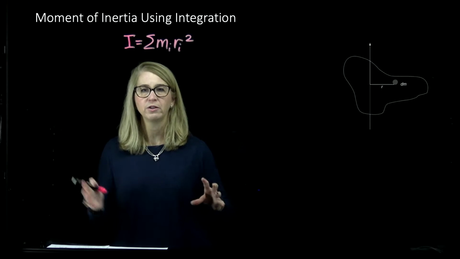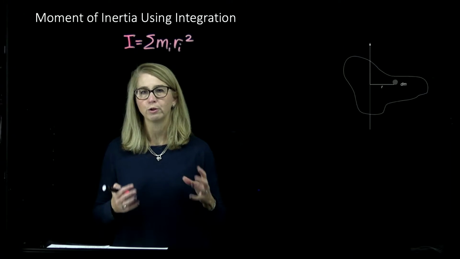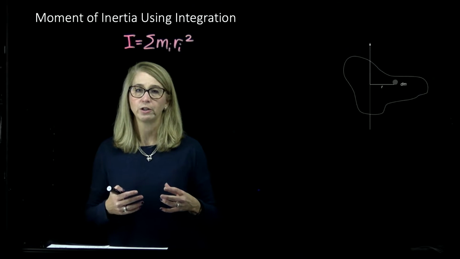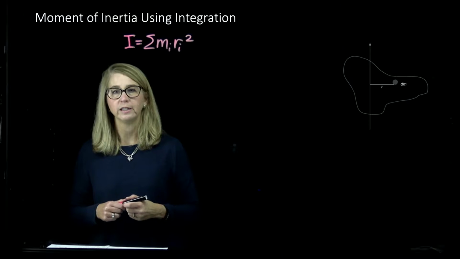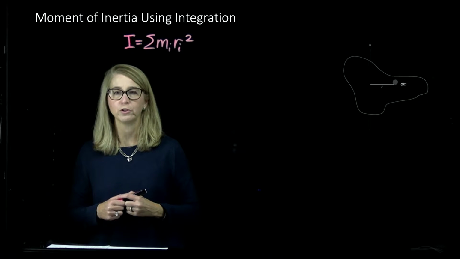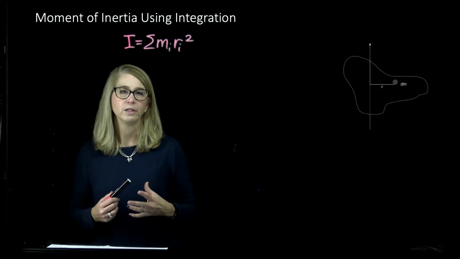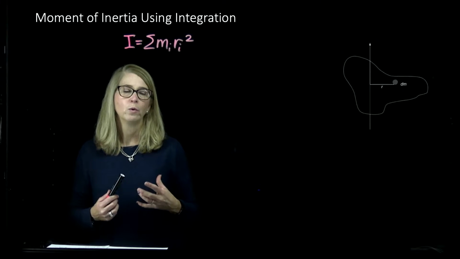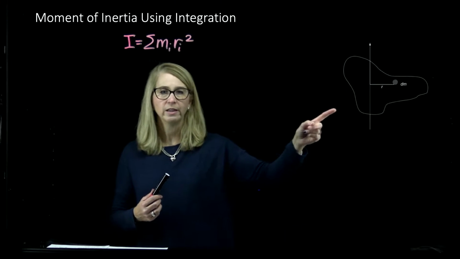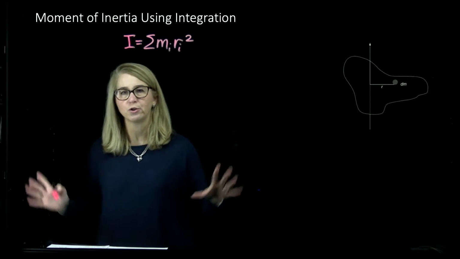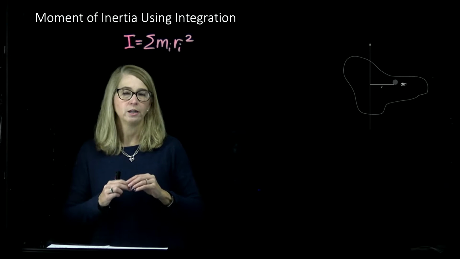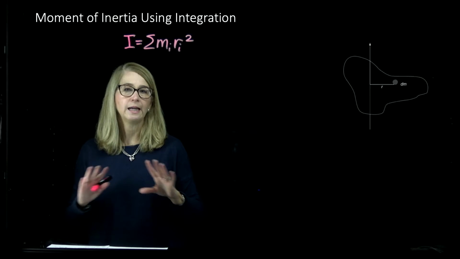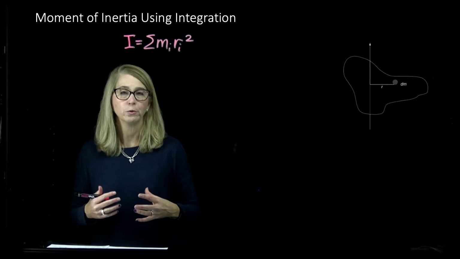So if we had a series of objects like that that were arranged relative to a particular axis, we could use this definition pretty easily in order to figure out the moment of inertia. The problem is, what do we do when we have an object more like this, where the mass is distributed over either a line or an area or a volume?